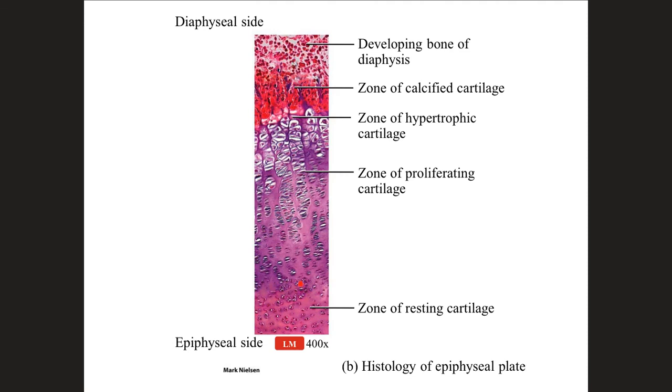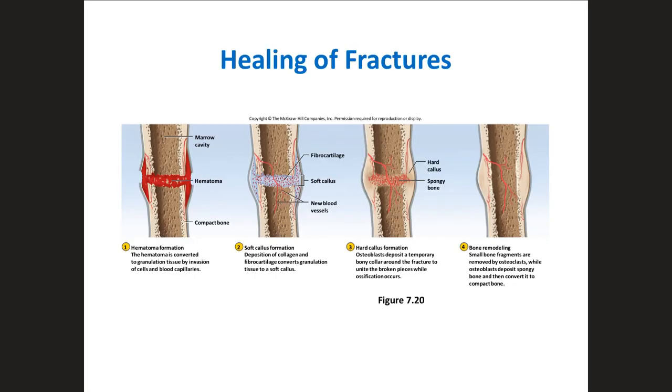And so this is going to happen throughout life, basically where more cartilage is being made to lengthen this area, eventually developing into bone, more cartilage is being laid, eventually developing into more bone, until there comes a point where this whole area gets calcified over in adulthood, and then this no longer occurs, so bone will no longer grow in length at that point.